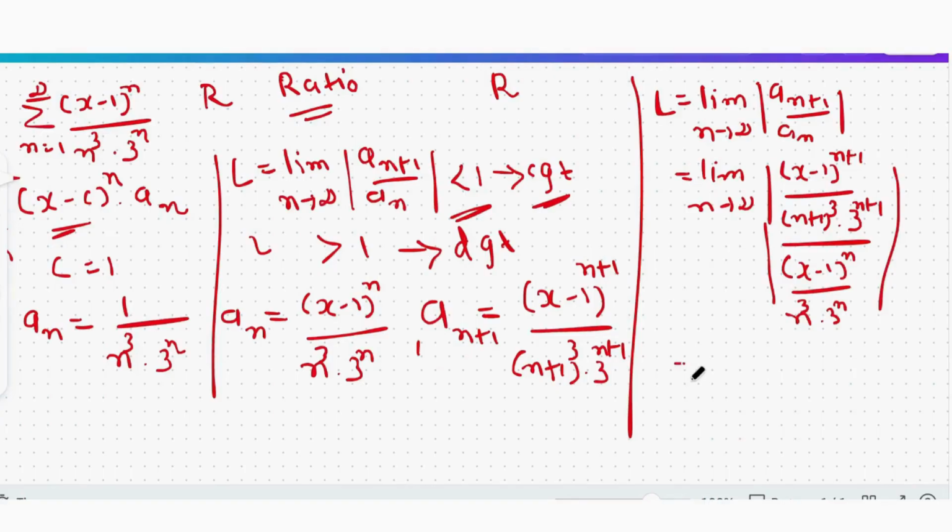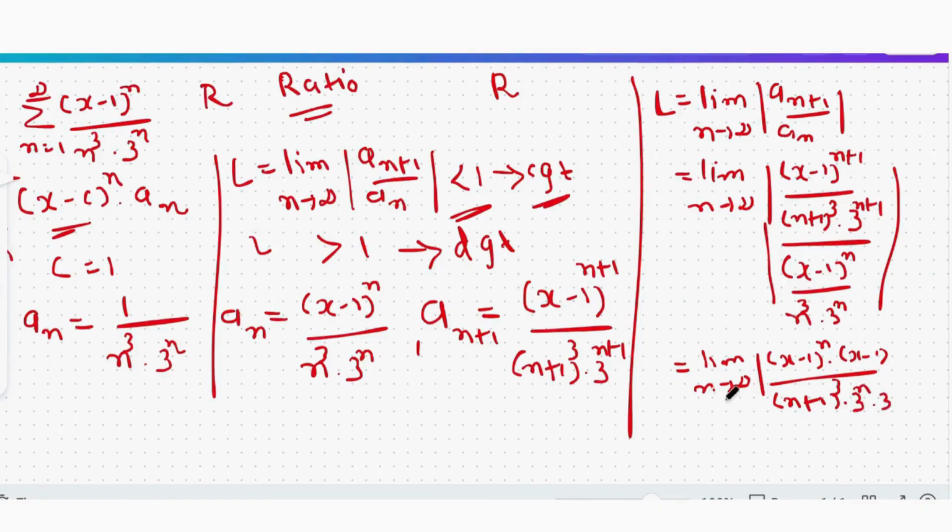Now simplify this. Limit n tends to infinity, in absolute value, the numerator is (x minus 1) raised to n into (x minus 1). In the denominator we have (n plus 1) raised to 3 into 3 raised to n into 3.